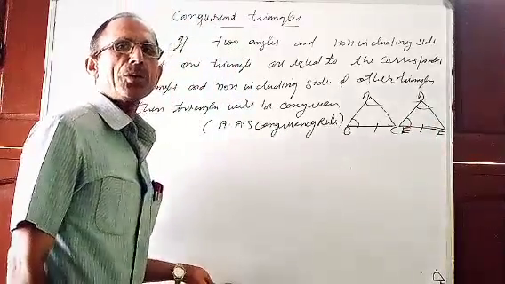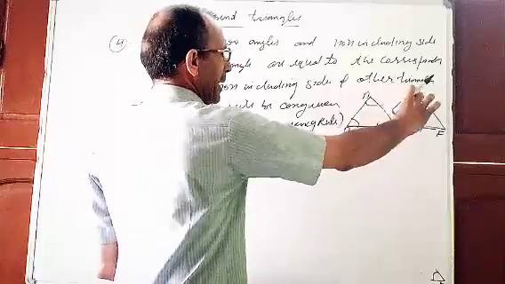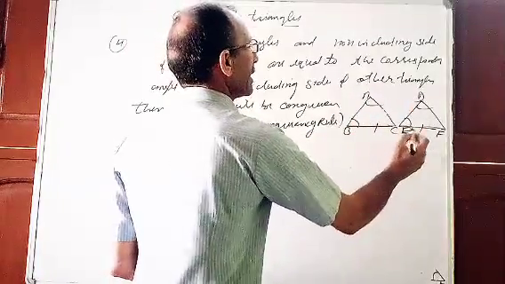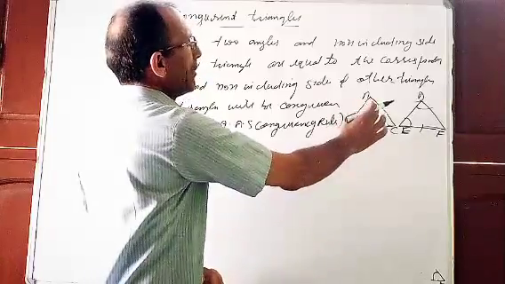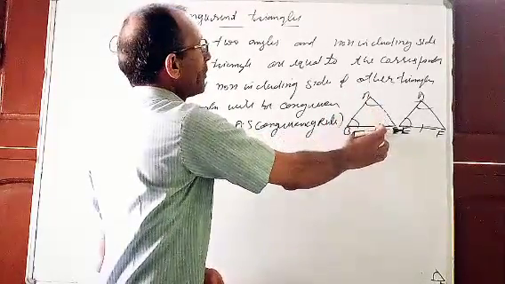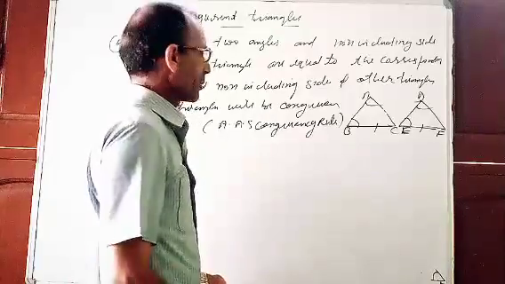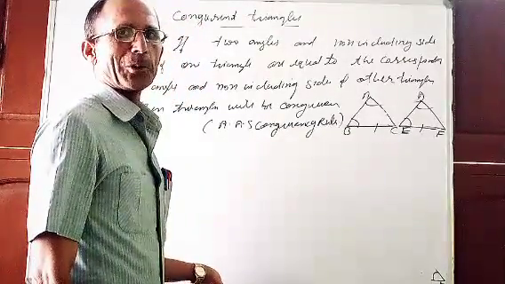BC and EF are non-included sides, because AB and DE are the included sides. Non-included means the side which does not help make these angles. So BC is equal to EF. This rule is known as the angle angle side congruency rule.